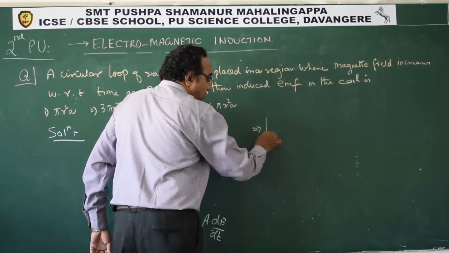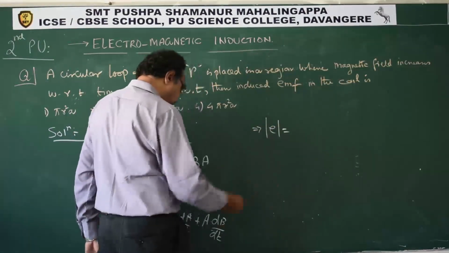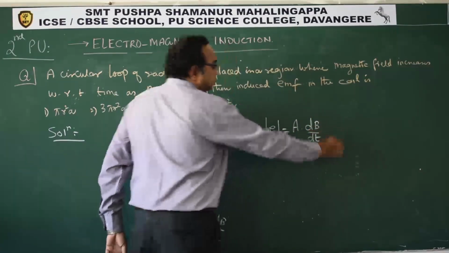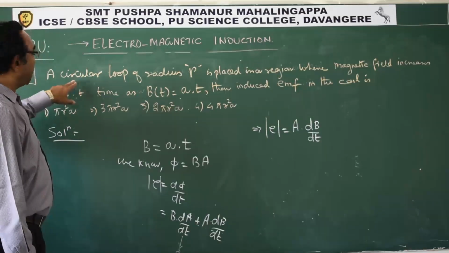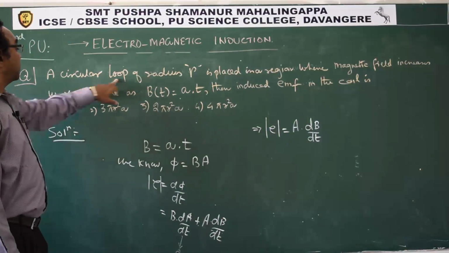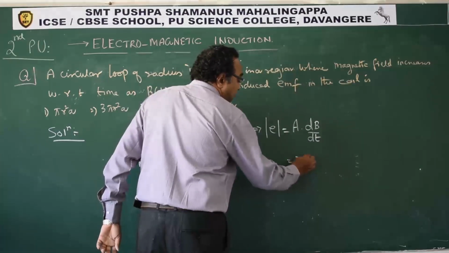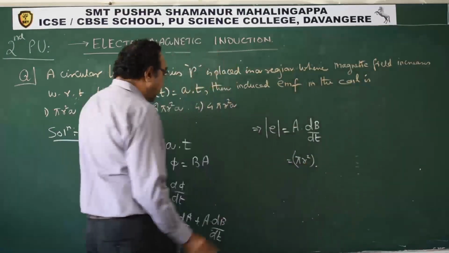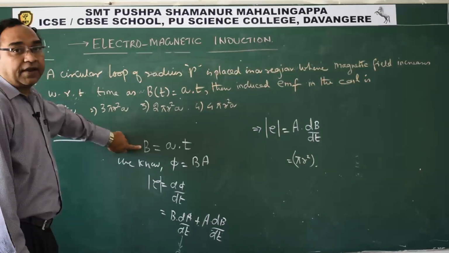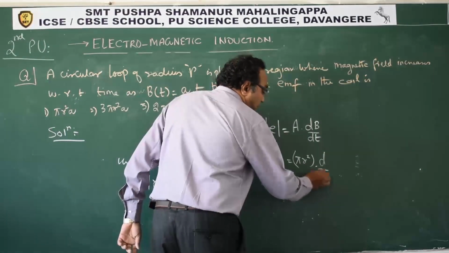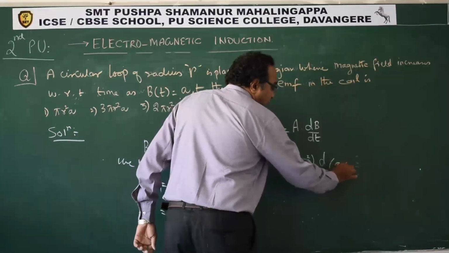So we can conclude the magnitude of induced EMF is given by A and dB by dt. Now, what type of coil is it? Circular loop. So what will be the area? Pi r square will be the area. And B is given as A into t. So dB by dt will be what? d by dt of A into t.